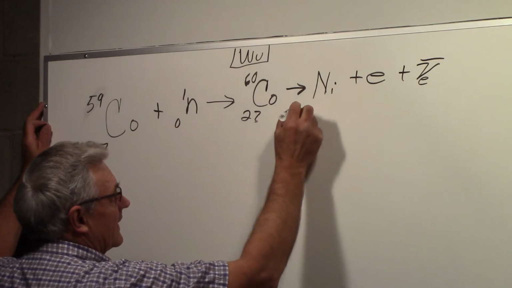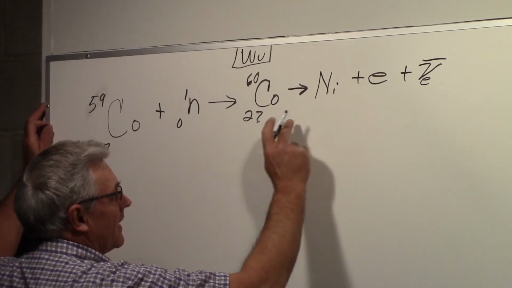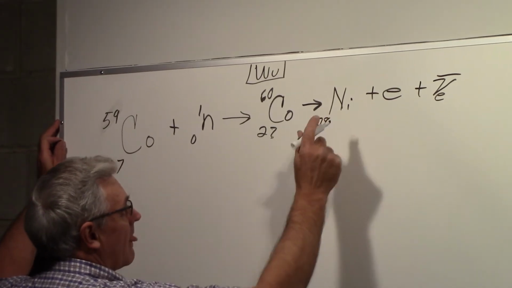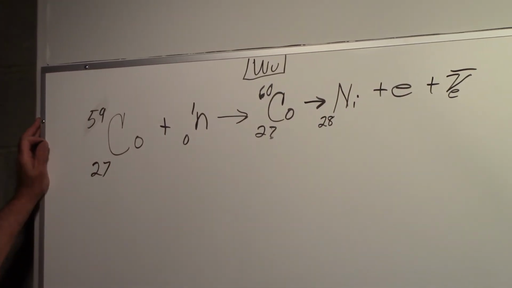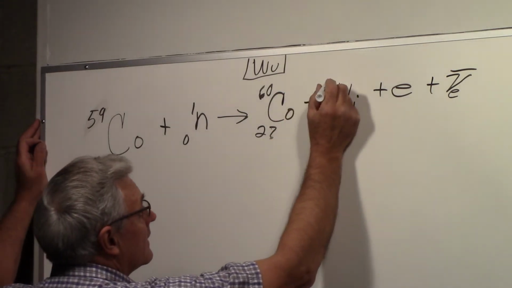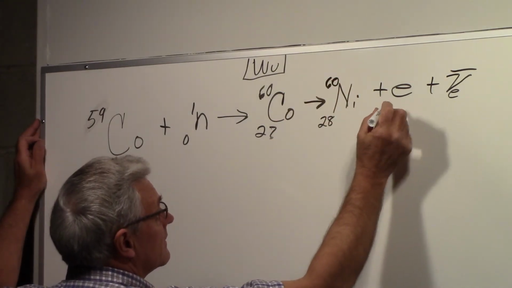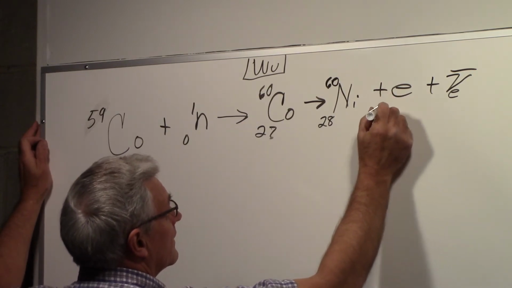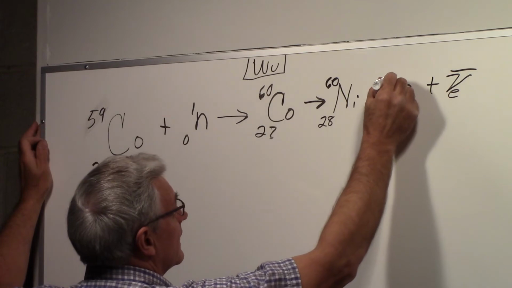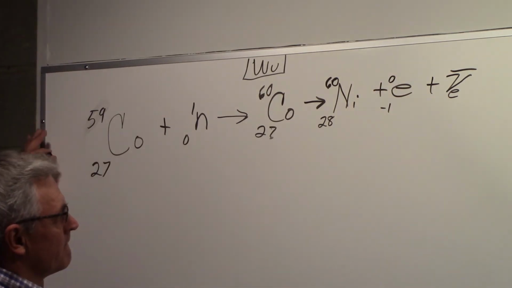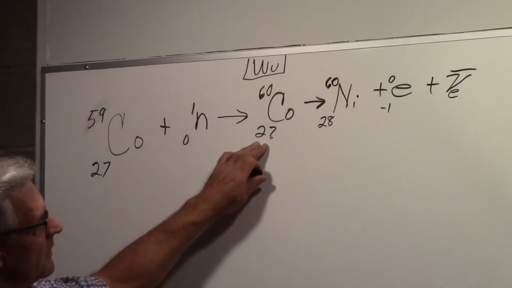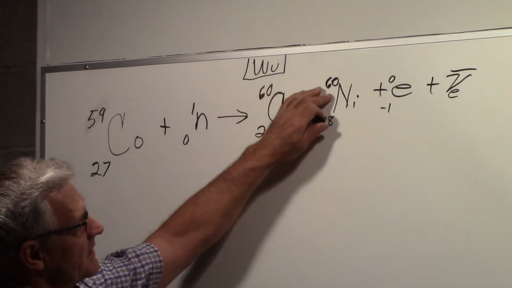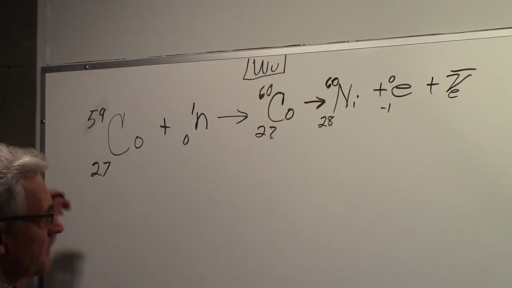The electron decay is going to give us a proton, so this will become 28 now for nickel, and it'll be nickel 60. And this will be minus 1 and 0 mass. So we have 27 is equal to 28 minus 1, and 60 is equal to 60 plus 0.